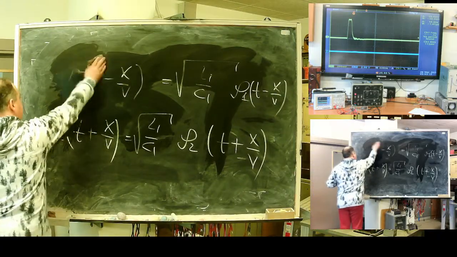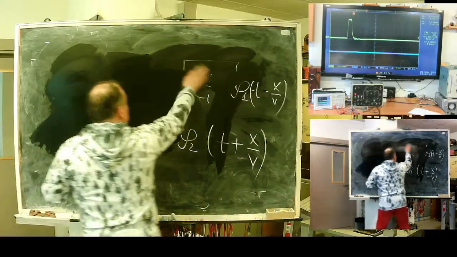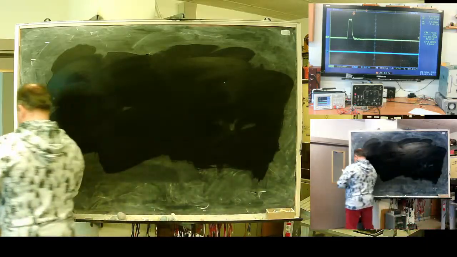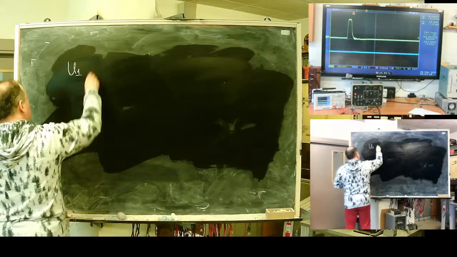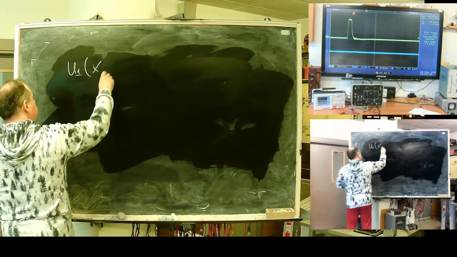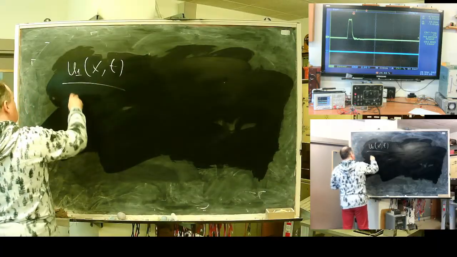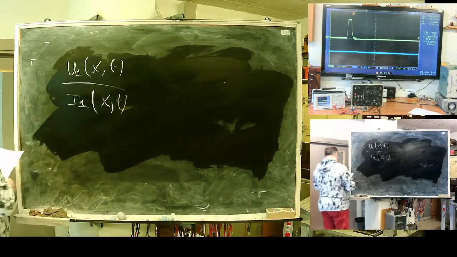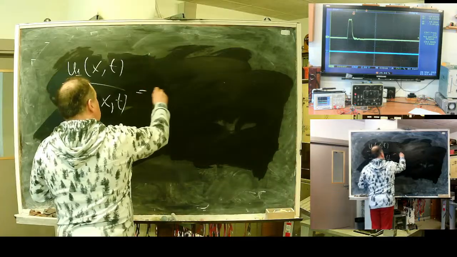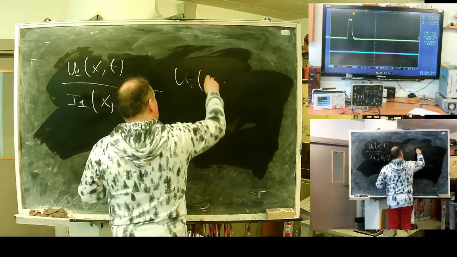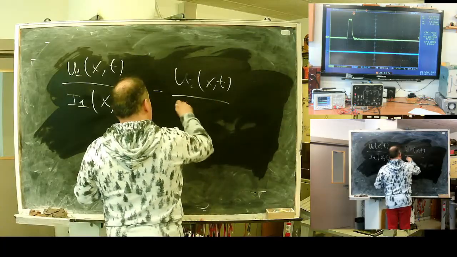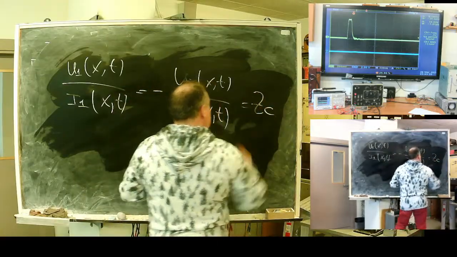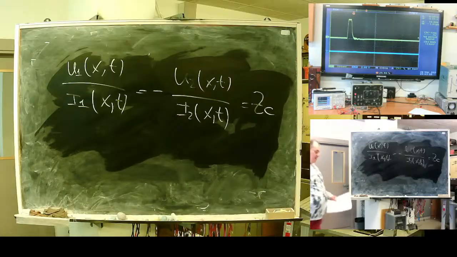We can write that voltage at the sending point over current at the sending point equals minus voltage over current at the receiving point, which equals the so-called line characteristic resistance.